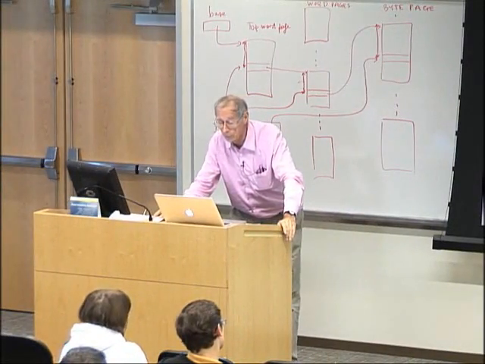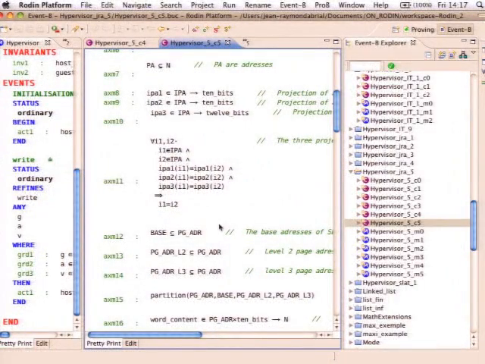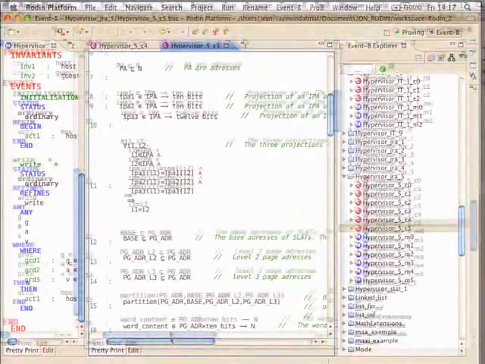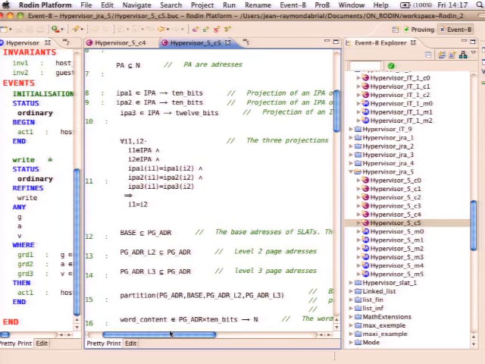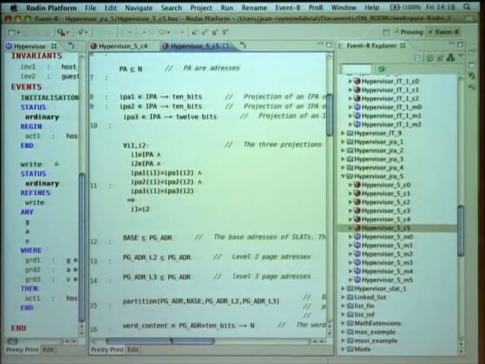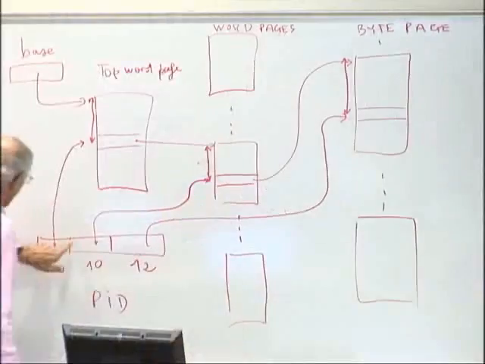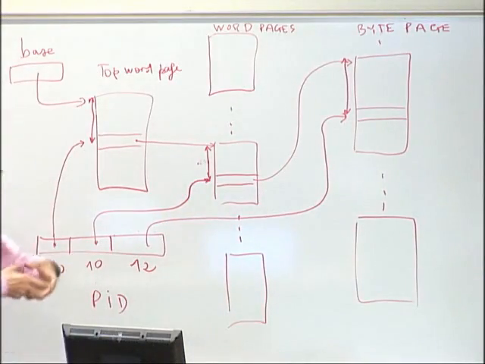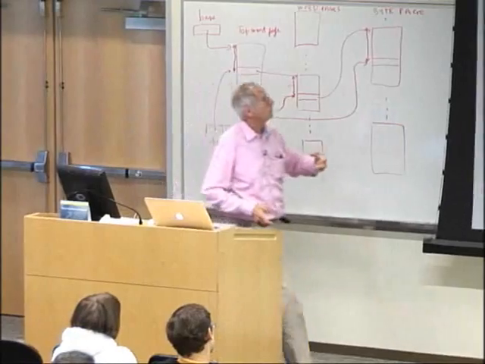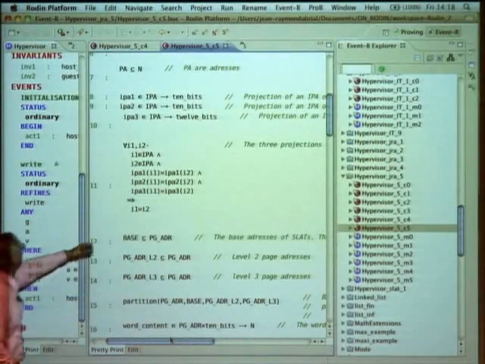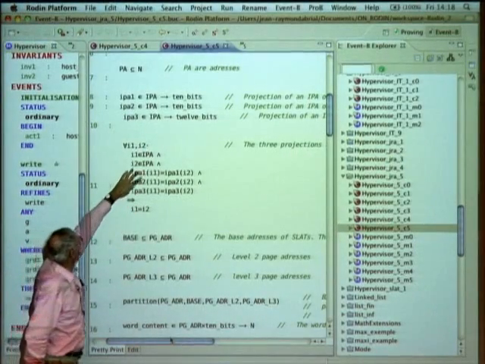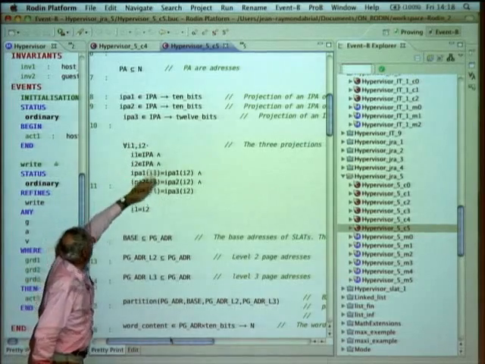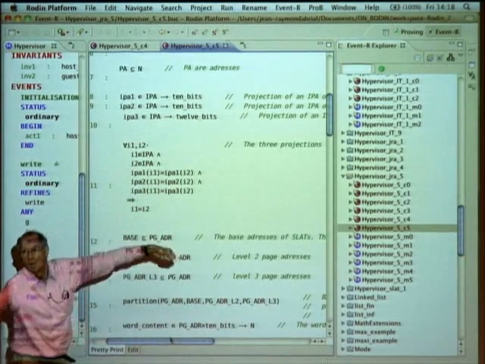And of course, we have to do some more axiomatization. And the first one, which is quite important, is that this tree projection, IPA1, IPA2, IPA3, defines unambiguously an IPA. So if you have two IPAs and they have exactly the same projection, they are the same. Okay.